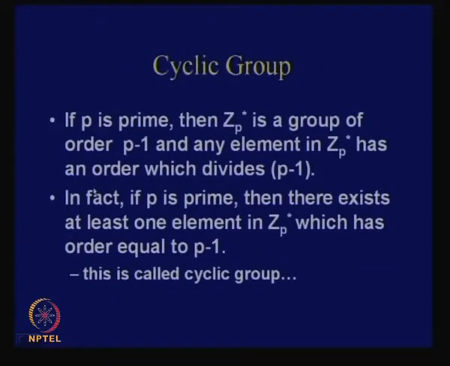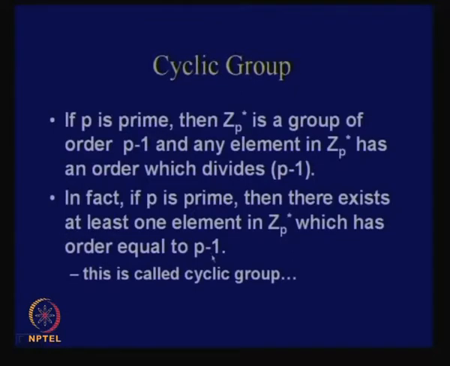So we have seen what a cyclic group is. If p is a prime, then Zp star is a group of order p minus 1, and any element in Zp star has an order which divides p minus 1. In fact, if p is prime, there exists at least one element in Zp star with an order equal to p minus 1. What does it mean?